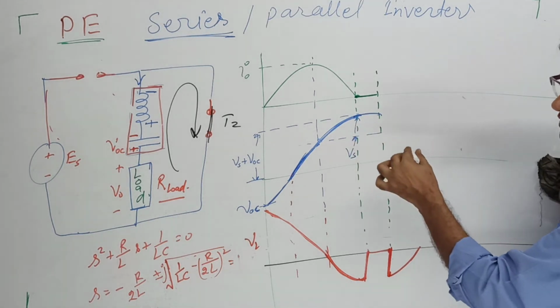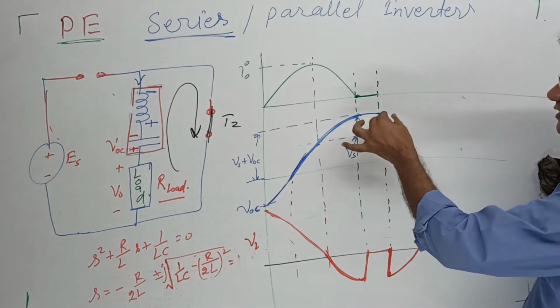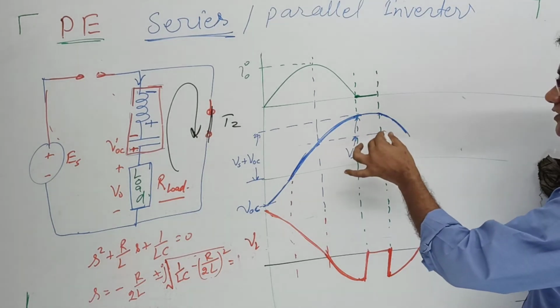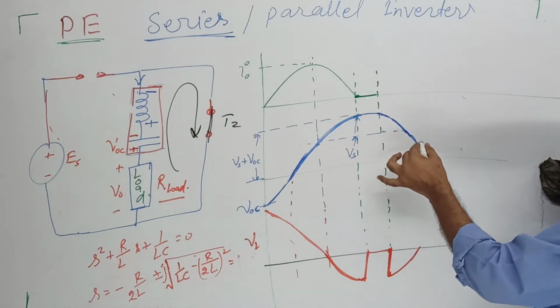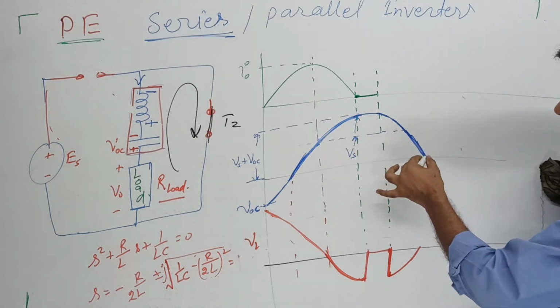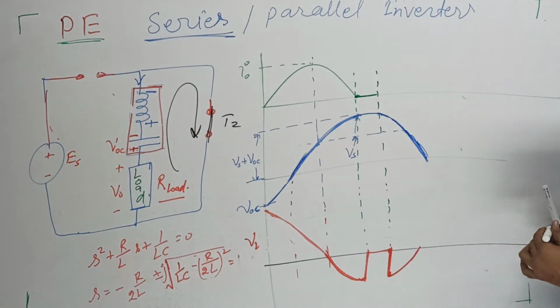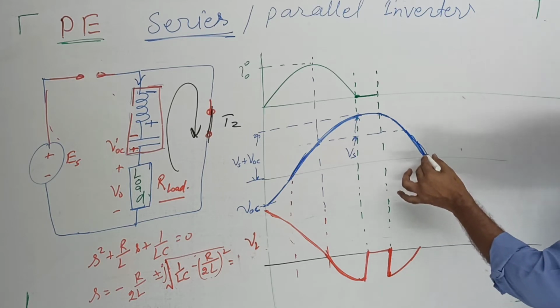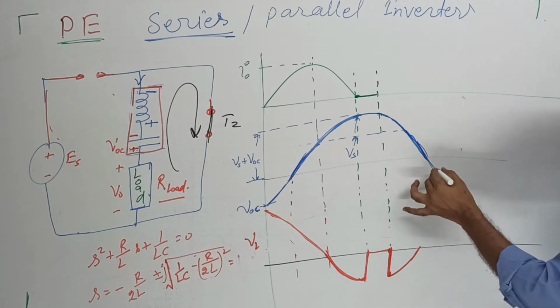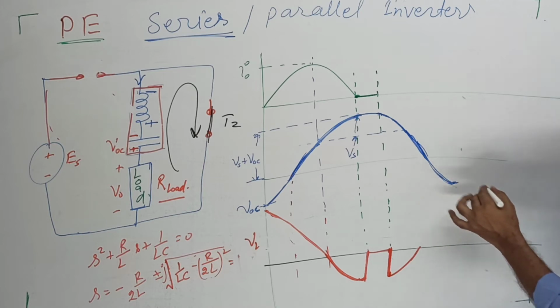Finally, with the reverse direction current, the capacitor gets discharged, and when it gets fully discharged, it finally gets charged to approximately the source voltage.